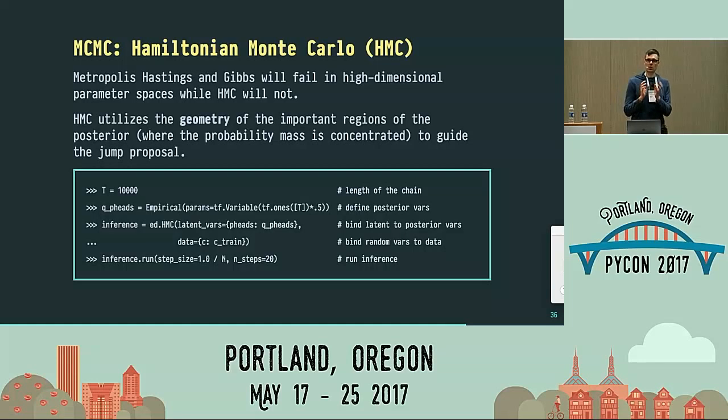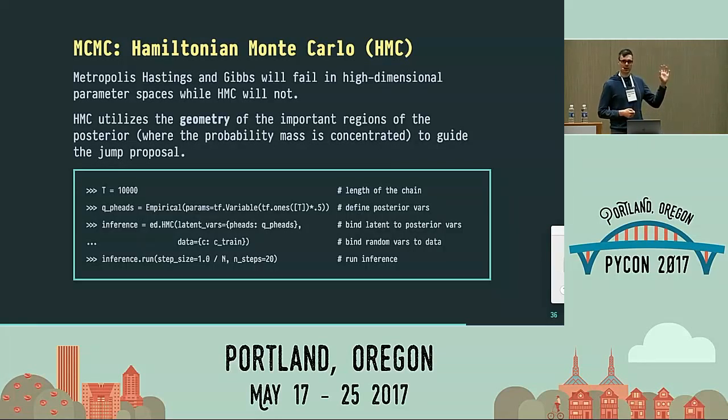You want to go to a region where the posterior is sufficiently large, where its mass is concentrated. And HMC does that by studying how the posterior is shaped, what the geometry of this important set of values is. And this is then used to guide the jump proposal.